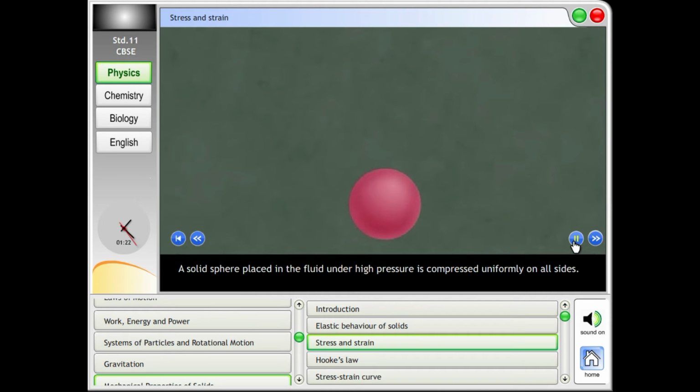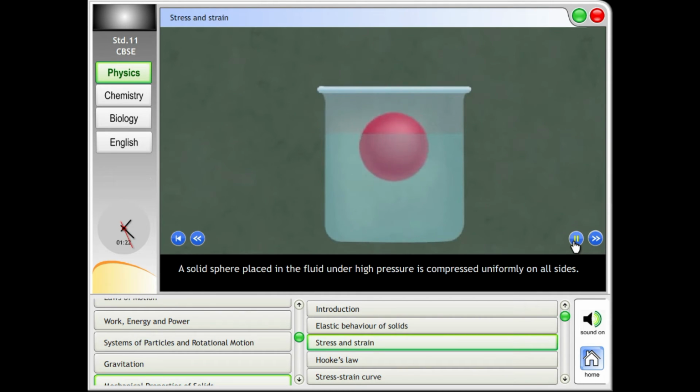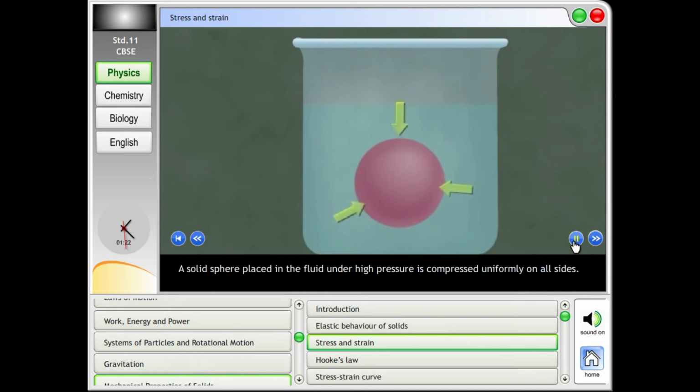A solid sphere, placed in a fluid under high pressure, is compressed uniformly on all sides.